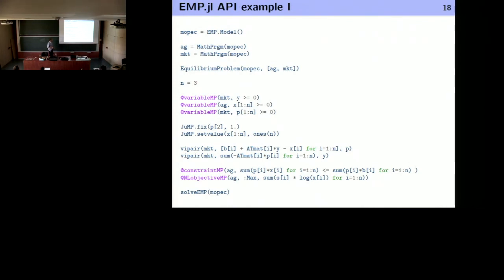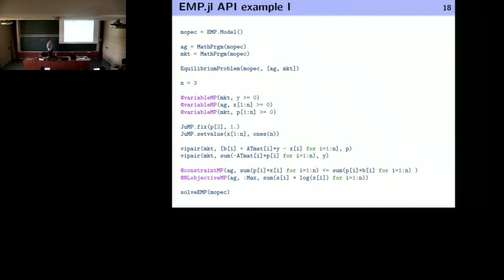So just an example to show a little bit. The names are not fixed, they could be renamed. Here I define a MOPEC, I have one player, and I have the market also. I define an equilibrium problem, which has two players. Right now I use macros that are very similar to the JuMP macros, but have this argument here, which is a mathematical program, so I can directly assign them to a mathematical program.